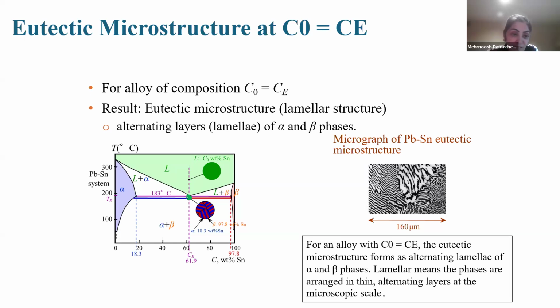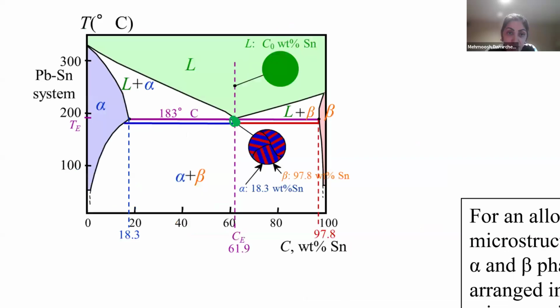If I zoom here and see the layers, the blue layers, for example, are alpha, and the red layers are beta, and these lamellar layers are eutectic microstructures.